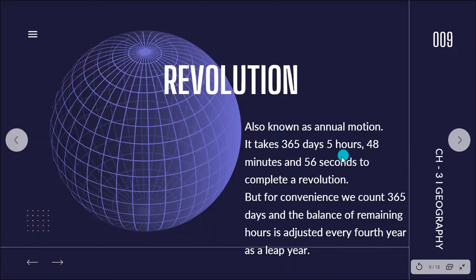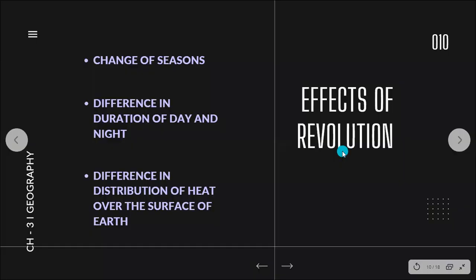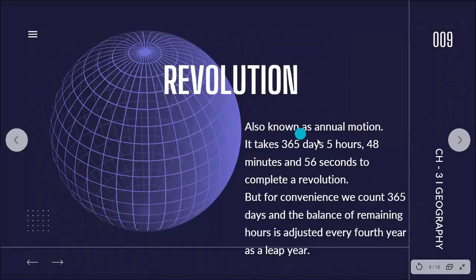So for convenience, after every 4 years we add these 5 hours, 48 minutes and 56 seconds. All of these hours are added and adjusted every fourth year as a leap year.